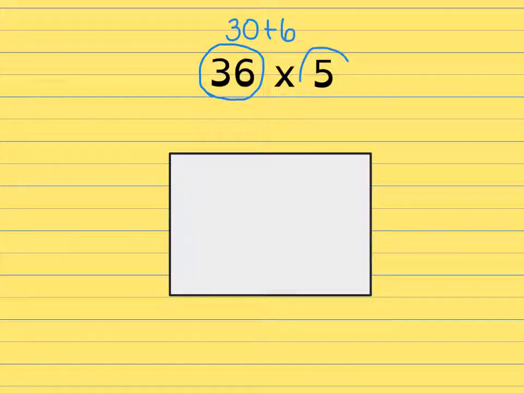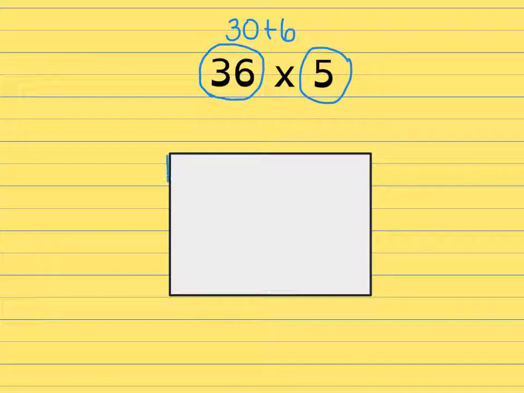Because 5 is a 1-digit number, I don't need to expand it out because it's already expanded as far as it will go.